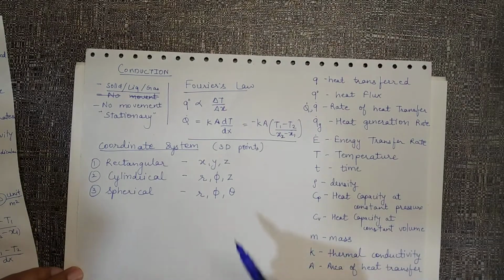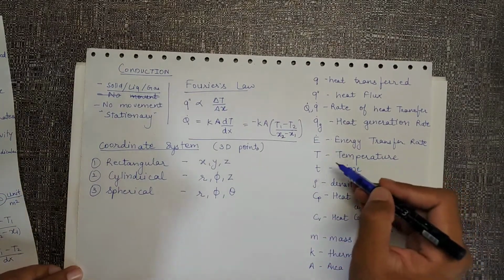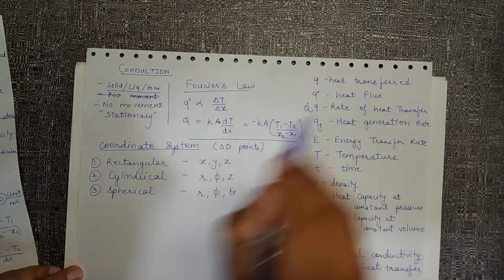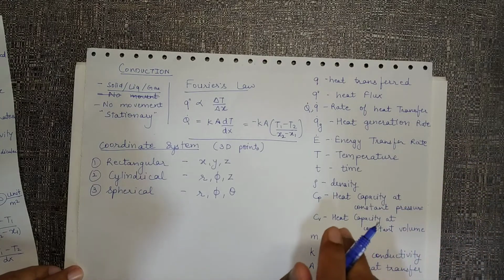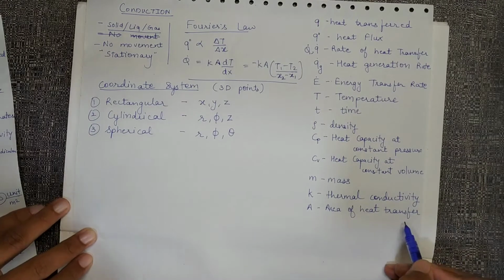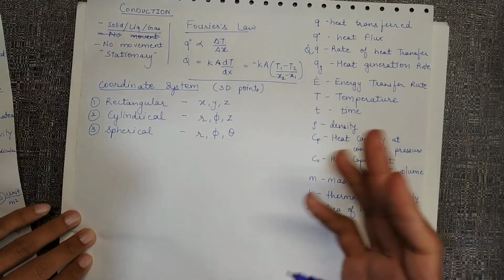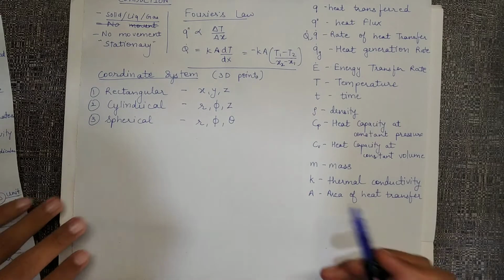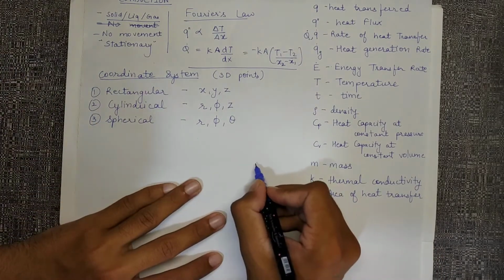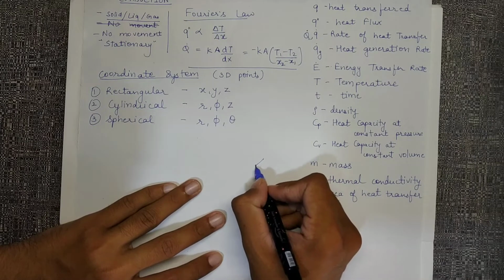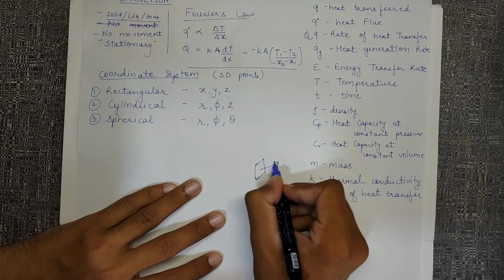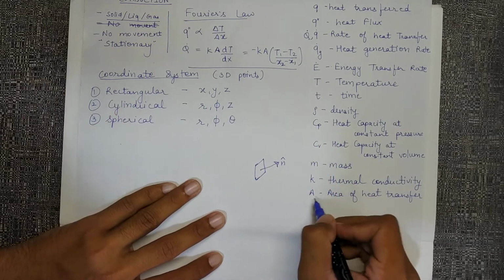Okay. Whenever we want to plot any scalar or any vector, and this heat flux is a vector, it depends on in which direction the heat is being transferred. The vector direction is defined using the area. The area is not usually taken as a vector, but in three dimensions, if my area is something like this, the normal to it is taken as the direction of the area vector.